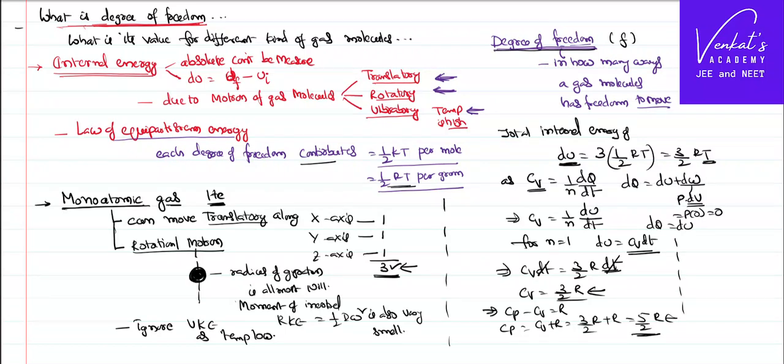That implies I can get the value of gamma. We know that gamma equal to Cp by Cv. We found Cp as 5 by 2 times R, Cv as 3 by 2 times R, that equal to 5 by 3. So for a monoatomic gas, gamma equal to 5 by 3, that is 1.66.